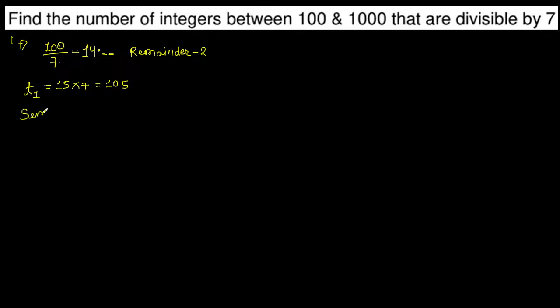Similarly, if you divide 1000 by 7, it is 142 something something, remainder is 6.